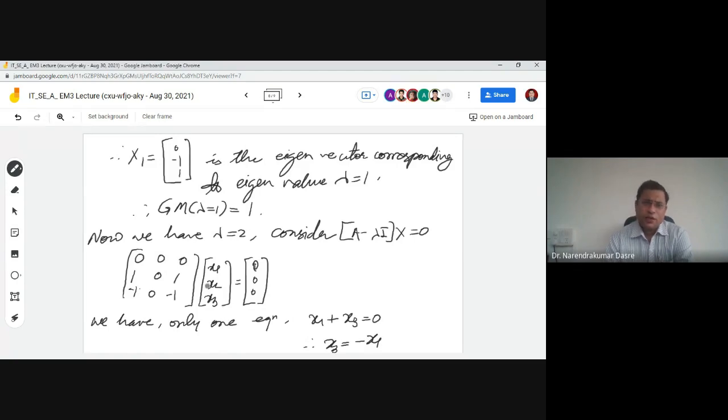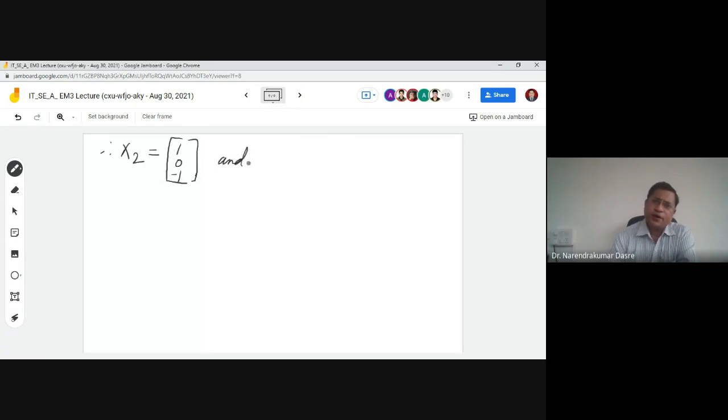Adesh, if I put any value of x2, will this satisfy this system of equations? Because the coefficient of x2 is equal to 0, no? So whatever value of x2 we use, it is going to satisfy this equation, because the coefficient of x2 is 0 for all the equations. Yes, sir. Okay, and hence we can say x3 is the vector 0, 1, 0.